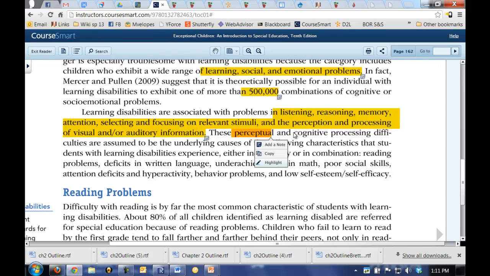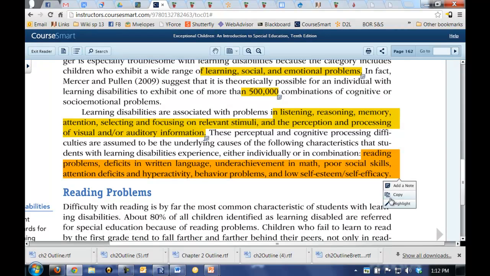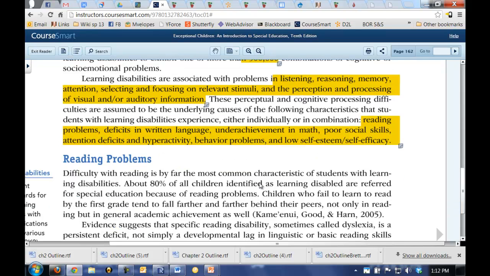Perceptual, cognitive. Following are characteristics that students with learning disabilities experience either individually or in combination. And again, this comes right from the beginning. Problems and deficits in written language, underachievement in math, poor social skills, inattention deficits, attention deficits, and hyperactivity behavior problems.